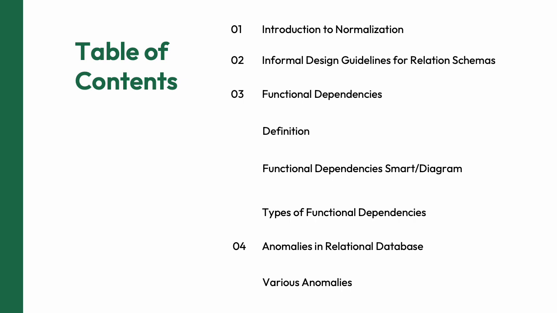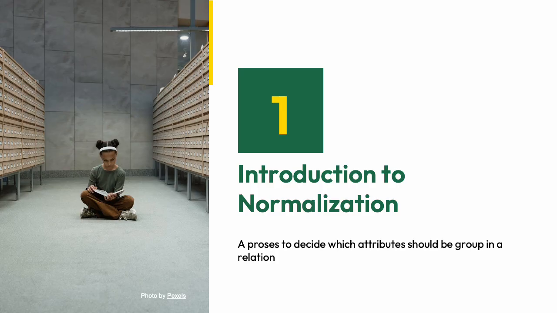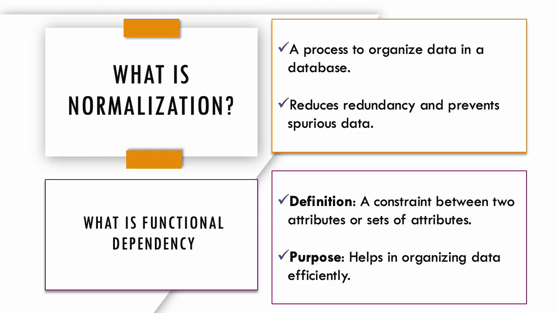Okay, so let's start with the introduction to normalization. Basically, it's a process to decide which attributes should be grouped in a relation. Okay, let's check. What is normalization?